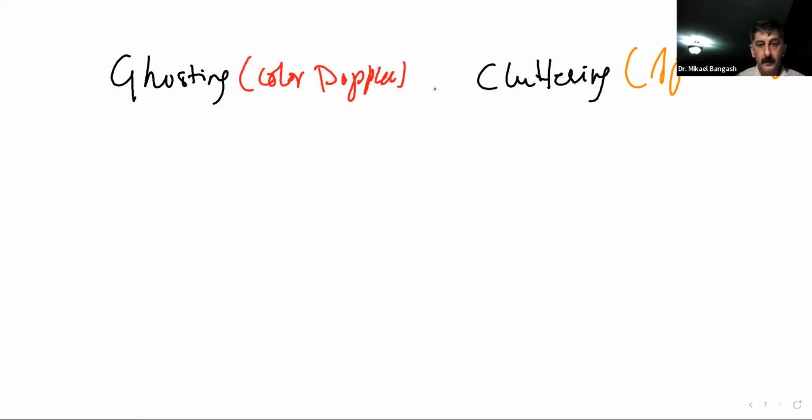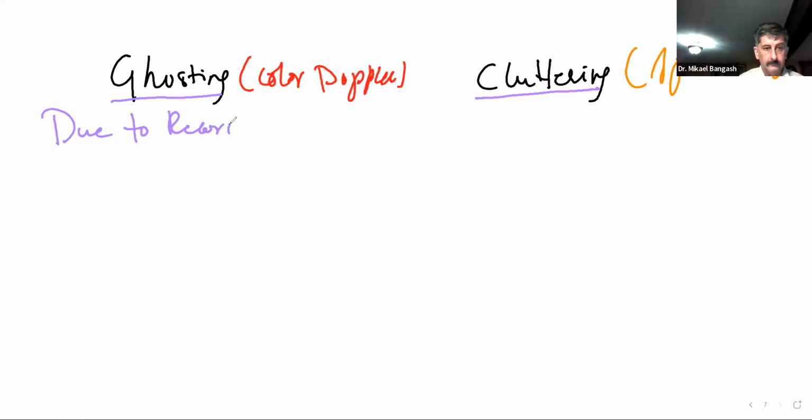Whether we call it ghosting or cluttering, what they mainly are is both due to recording of very, very low velocities.